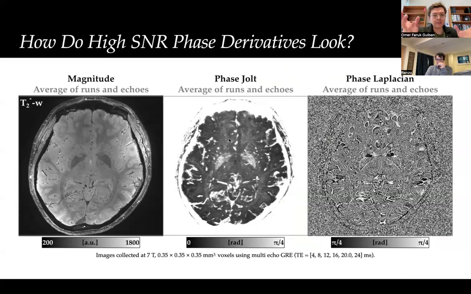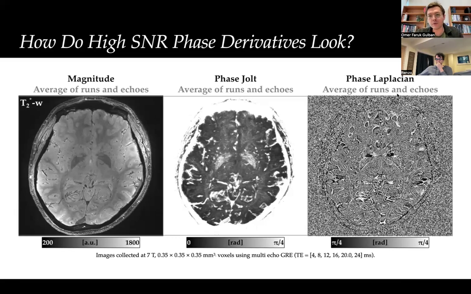And that is because there is this similarity between magnitude and phase jolt. You can straightforwardly average many runs at high resolutions or whatever. And the more you average, the tissue contrast will pop out further and further. For instance, here you can see that I see the subcortex quite nicely, the iron-rich areas popping up in phase jolt. Maybe you can even say that to some degree, you can distinguish white matter, gray matter, and so forth.